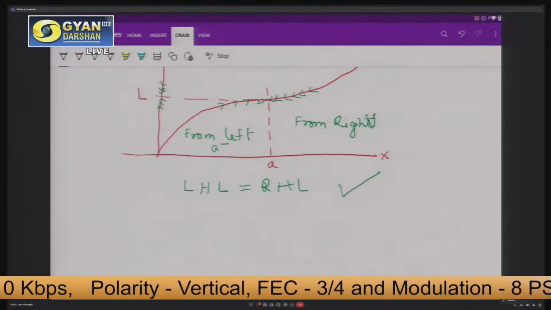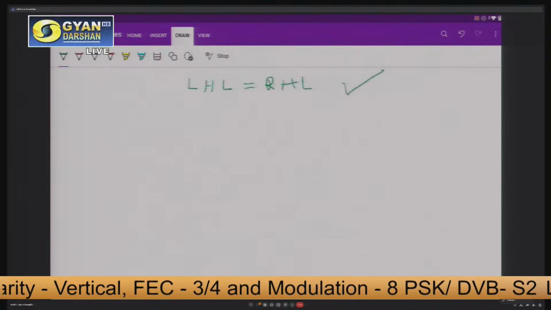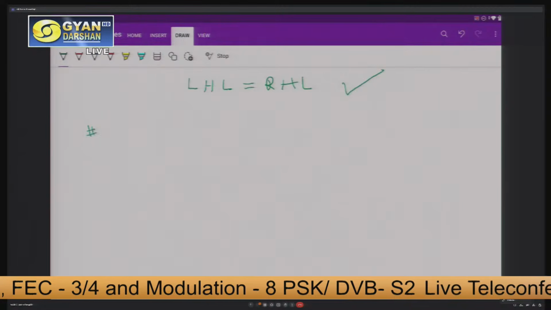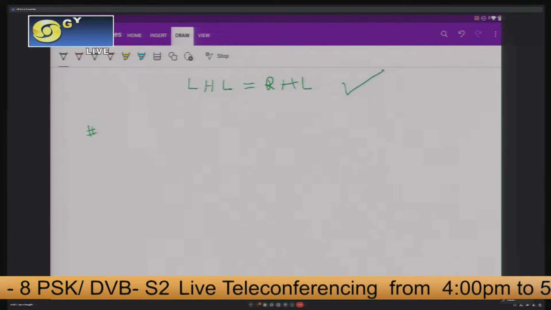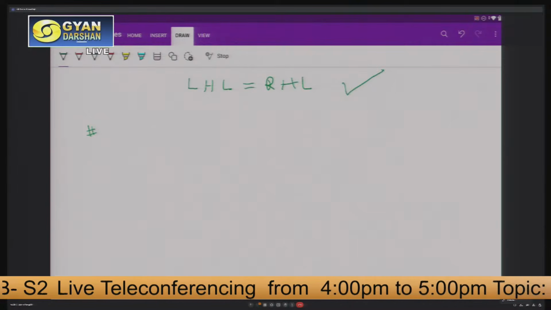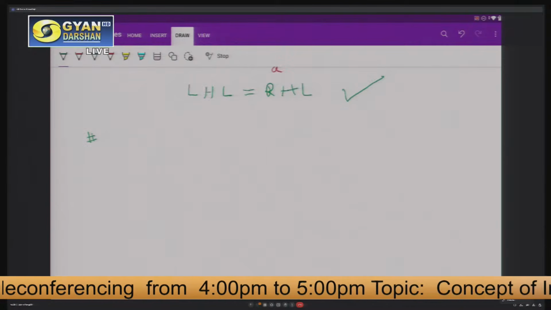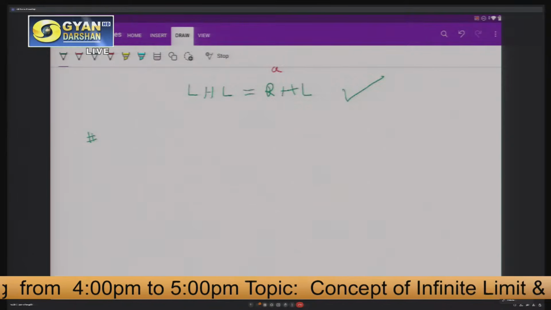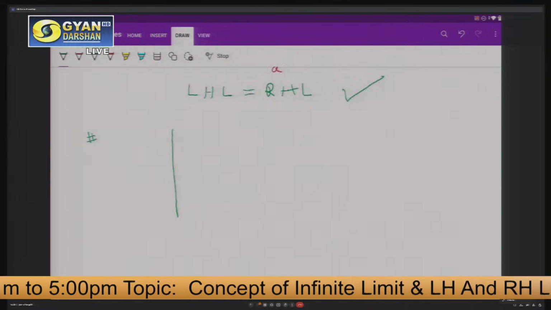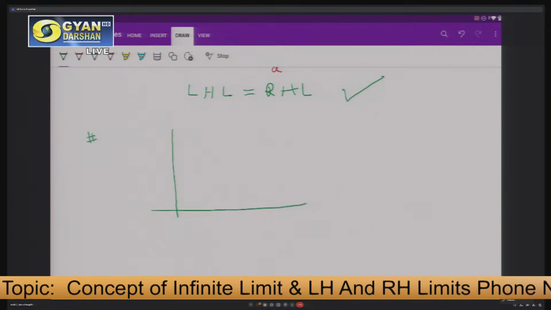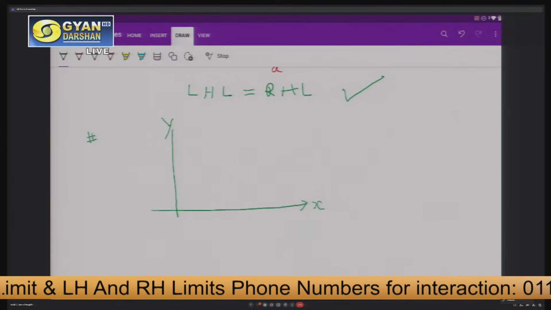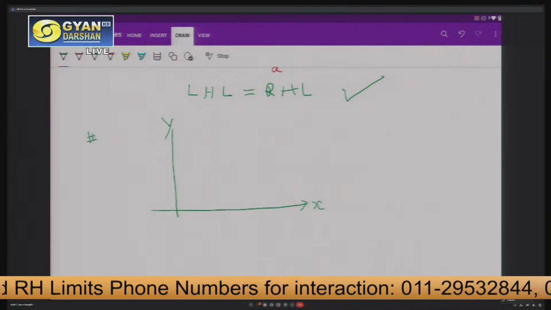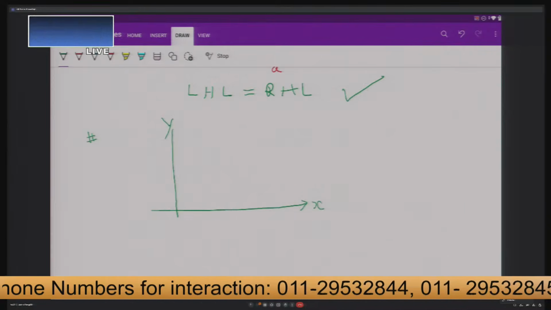Let us take another example of function where this is x and this is y. So this is a step function.